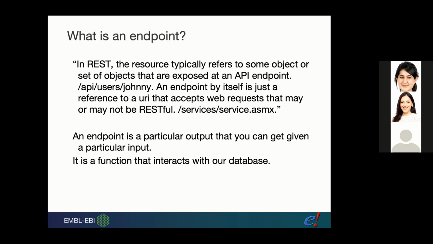So on my slide, I have a description of what an endpoint is, but in more human terms, an endpoint is a particular output that you can get given a particular input. So it's a function that interacts with our database.